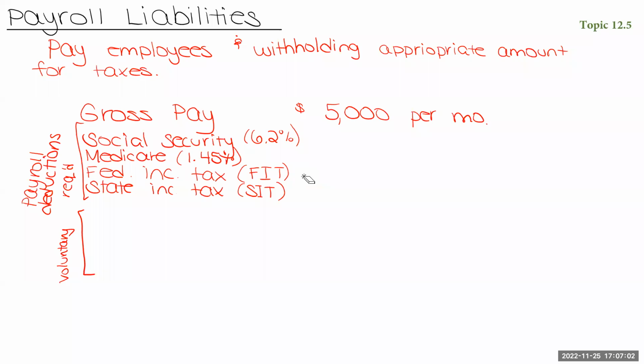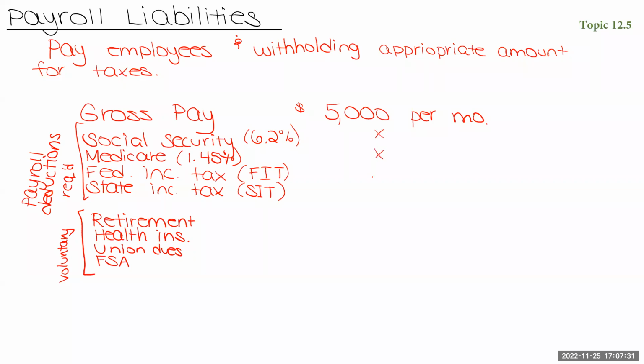Voluntary contributions include retirement if your employer offers that, and health insurance contributions. If you get health insurance through your employer, usually they pay a portion of your premium and you pay a portion. You might have union dues that come out, maybe a flexible spending account, things like that.